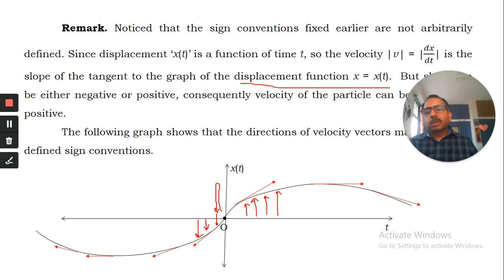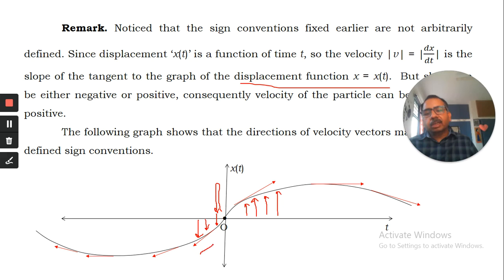So this displacement will be taken negative, and now see the slope of the tangent. Although the slope of this tangent is positive, still we shall take the velocity negative because the direction of this tangent vector is in the downward direction.